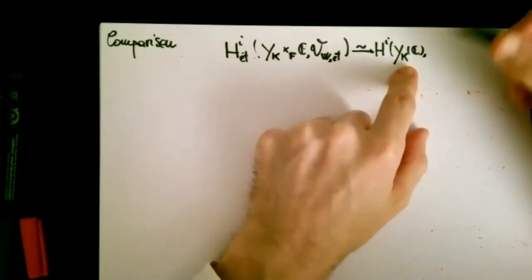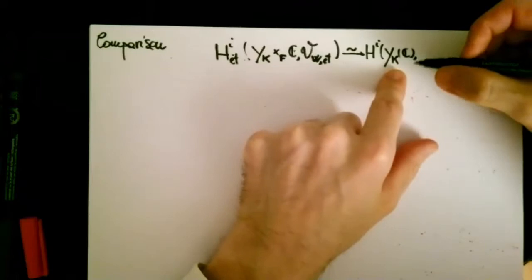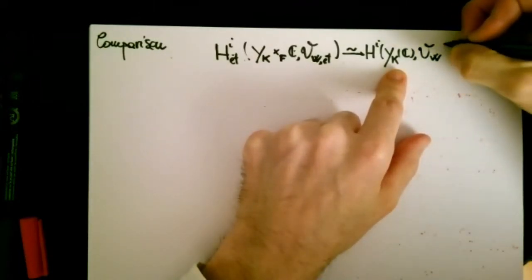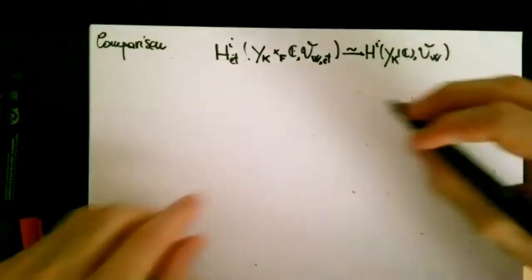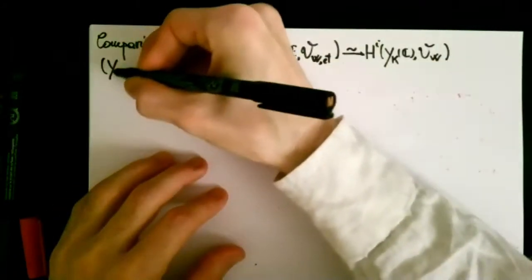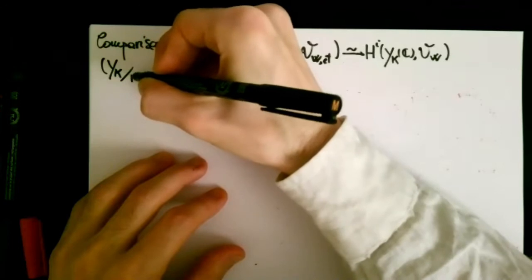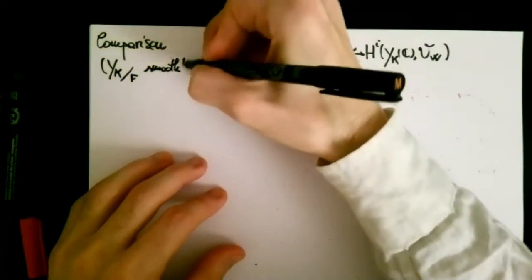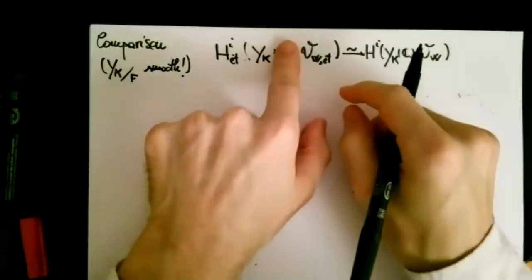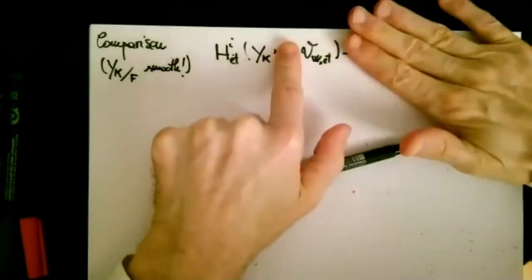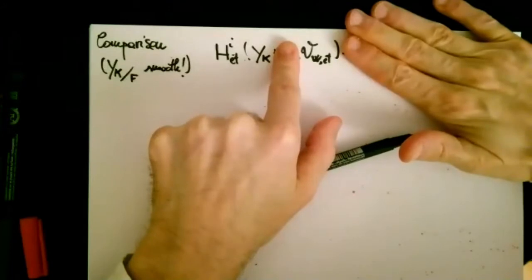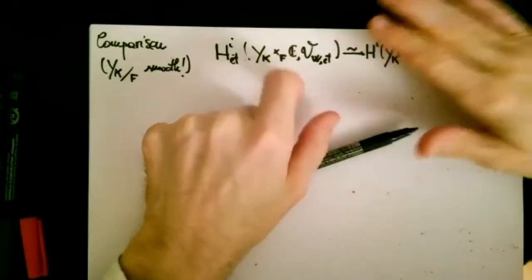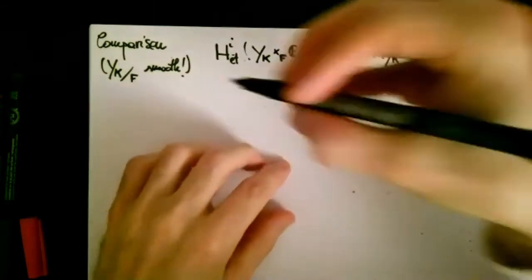And this is seen as a complex algebraic variety, as Y_K over F is smooth. So on this space we have a natural Galois action because we can extend the scalars to F bar.